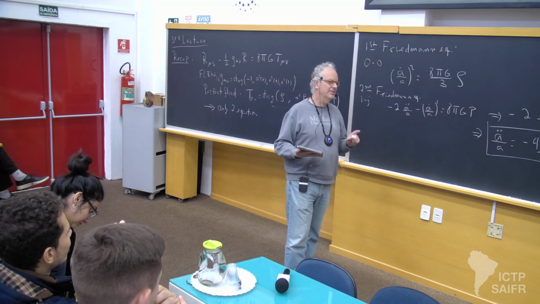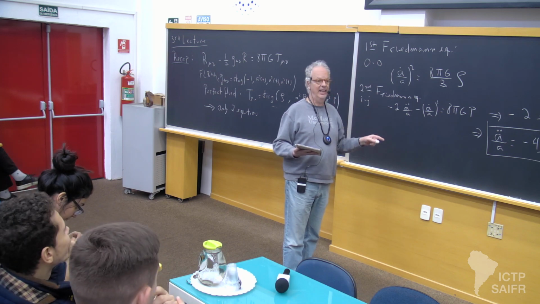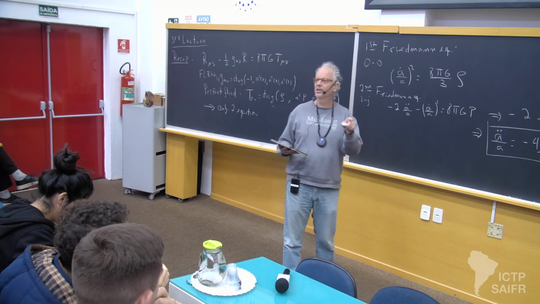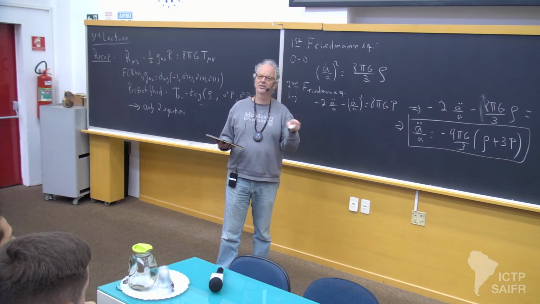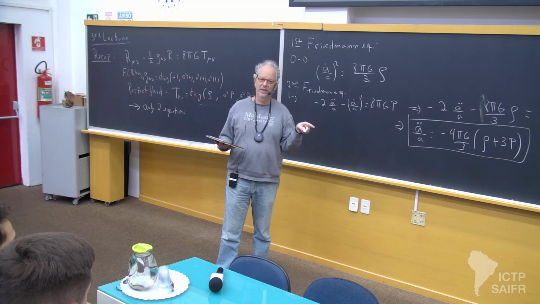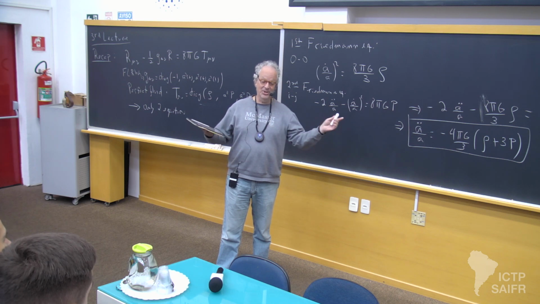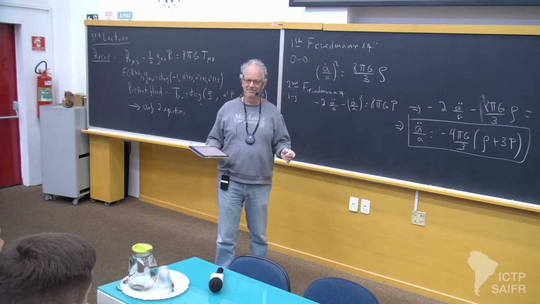Again, just to remind you that we can use different ways of parameterizing time. And one of the ways is the scale factor. The scale factor is like a clock in the universe too. So what is the scale factor today? 1. What is the scale factor at the beginning of the universe? 0. So between 0 and 1, that's the whole history of the universe in the scale factor.